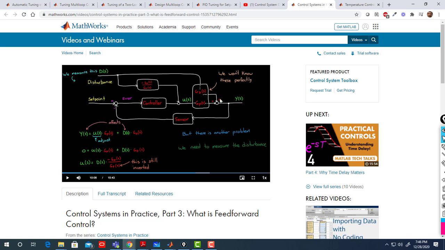U is the output of the controller. So u and d are my two inputs, and I have one output y. According to the superposition theorem for a linear system, in order to find Gp, you cancel d. In order to find Gd, you cancel u. You cancel one input, keep the other input, and find the transfer function.